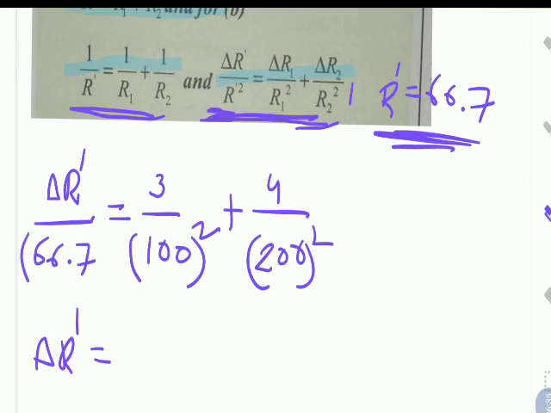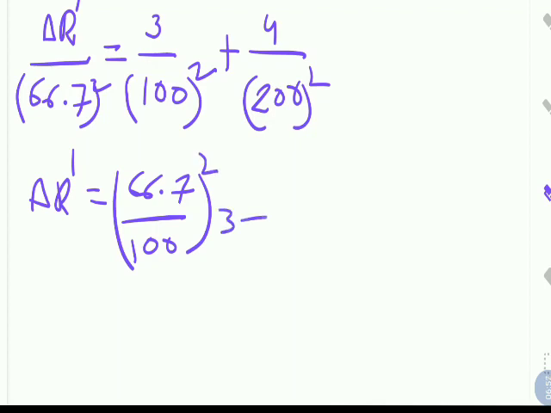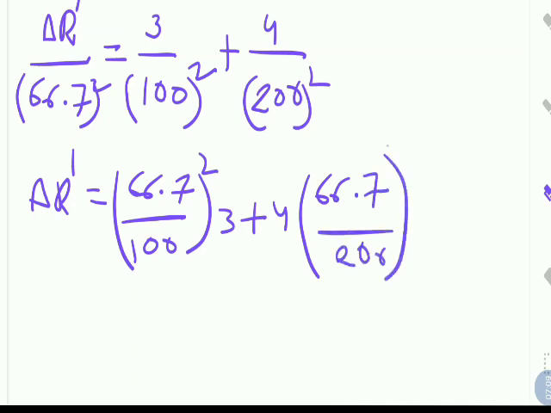So this is also square. 66.7 by 100 whole square, 3 plus 4 into 66.7 by 200 whole square.